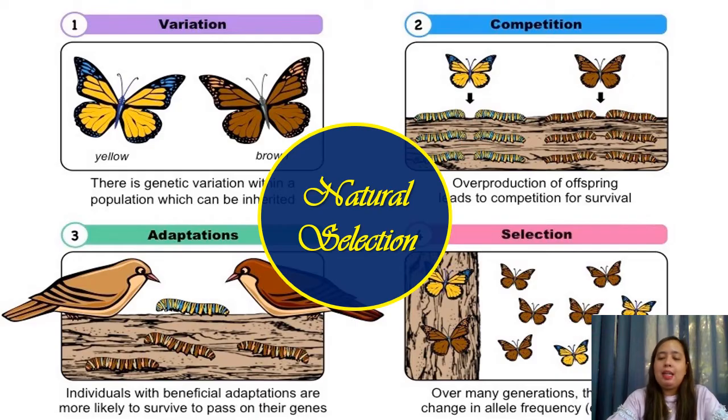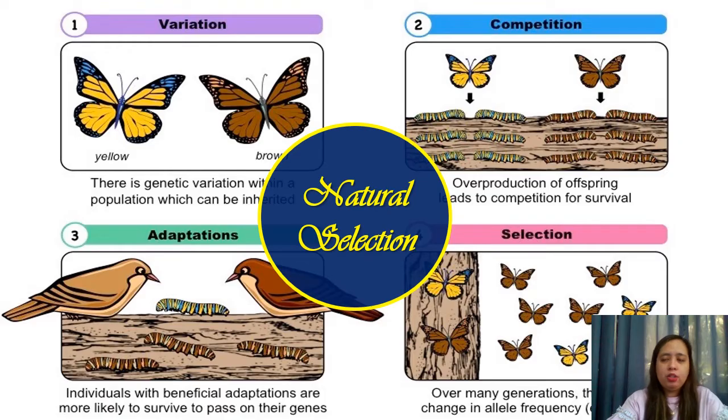And of course, last is selection. In terms of selection, we'll talk about several things that could affect the natural selection process of your population, which inherently will drive a specific population of organisms to change and evolve. So let's focus now on natural selection.